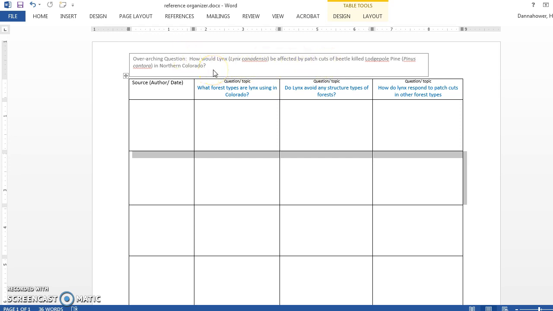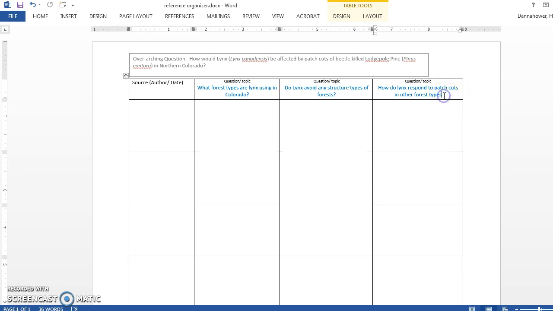If that's my research project, I'm probably not going to find a lot of literature on that exact question, and I need to break it down into smaller sub-questions, which I also outlined in your semester project information sheet. So I've copied those questions here. What forest types are lynx using in Colorado? Do lynx avoid any structure types of forest? And how do lynx respond to patch cuts in other forest types?